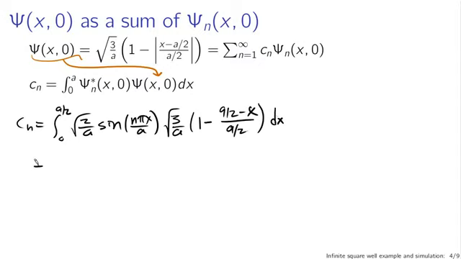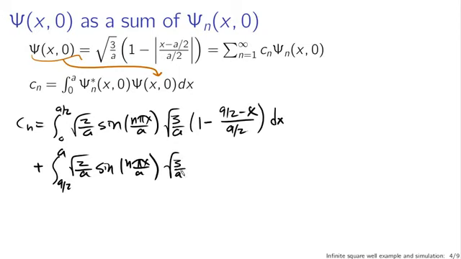The second half of my integral from a over 2 to a looks much the same. Root 2 over a sine n pi x over a. That part doesn't change. The only part that changes is the fact that we're dealing with the second half of the interval, so the absolute value gives me a minus sign up here more or less. Root 3 over a, 1 minus x minus a over 2 over a over 2 dx.